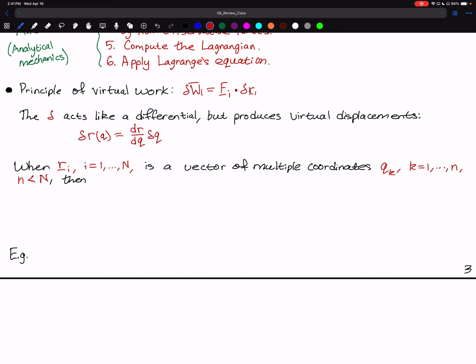So for example, if r is equal to the cosine of theta, then delta r will be equal to this delta applied to the cosine of theta, which will then be equal to the derivative of cosine with respect to theta, which will be minus sine theta, then multiplied by a delta theta. And that's where our virtual displacement parameter comes from.